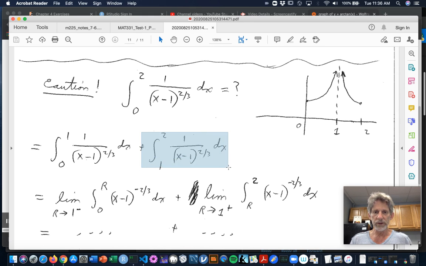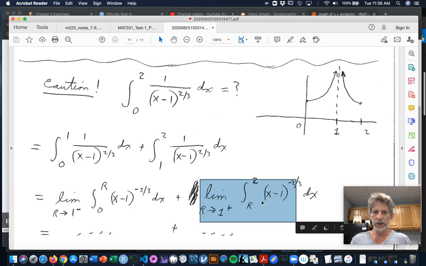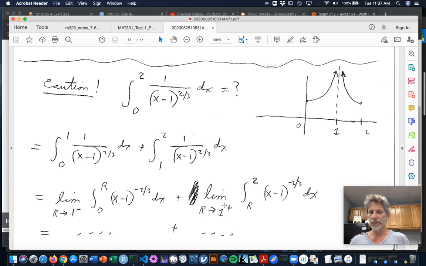The integral from 1 to 2 is improper because the function is unbounded as you get to 1. And so you'll have to set up these two improper integrals. The first one, you go 0 to r and let r approach 1 from the minus side. And the second one, you're going to go from r to 2, and you're going to let r approach 1 from the plus side. And so you have those two separate limit problems that you have to work out.